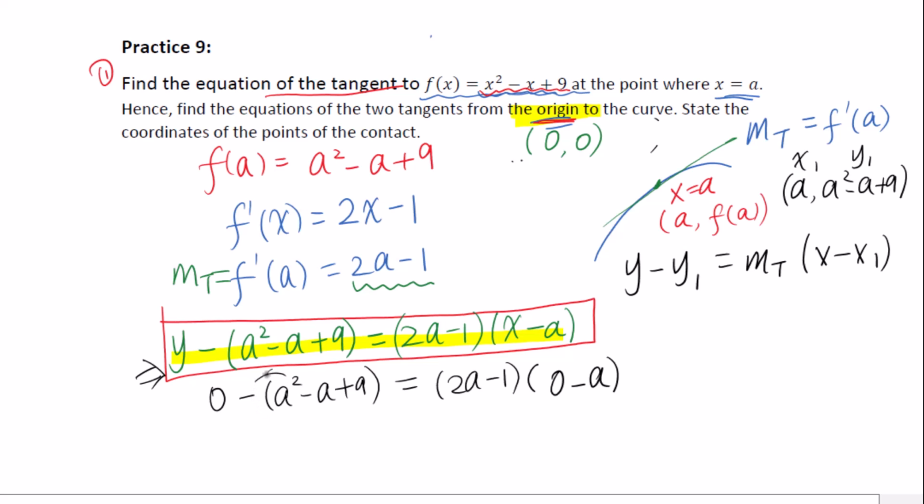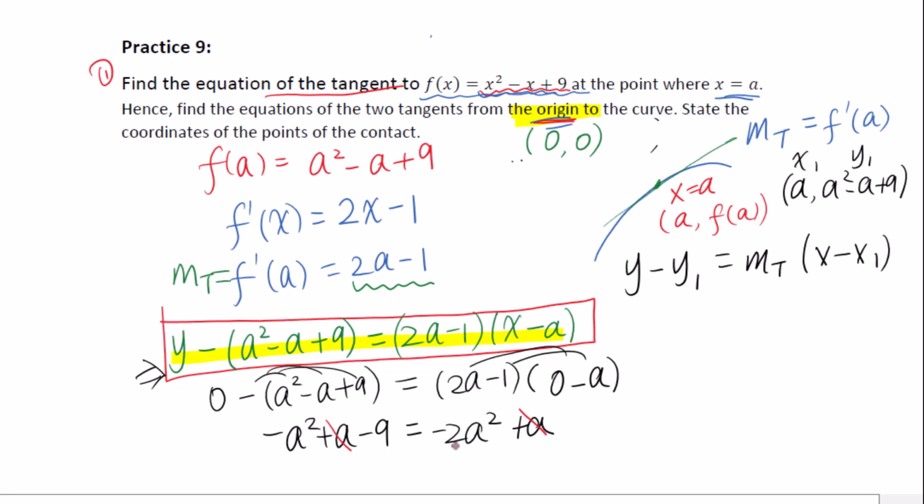Simplify with the distributive property. We will get negative a squared plus a minus 9 equals 2a minus 1 times negative a. So we do the distributive property here. Negative 2a squared plus a. Then cancel a on both sides.